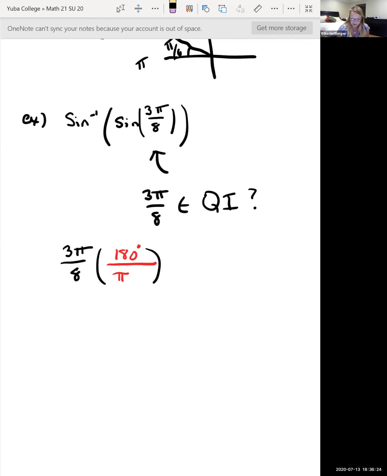Let's simplify a little bit. 8 and 180 have at least 2 in common. So 2 goes into 8 4 times, 2 goes into 180 90 times. Okay, so we got more. 2 goes into 4 twice, 2 goes into 90 45 times.